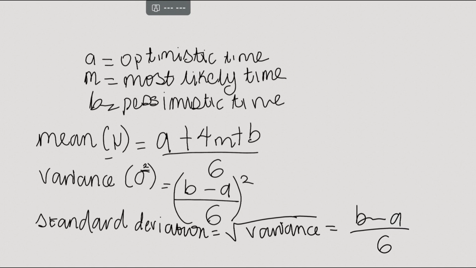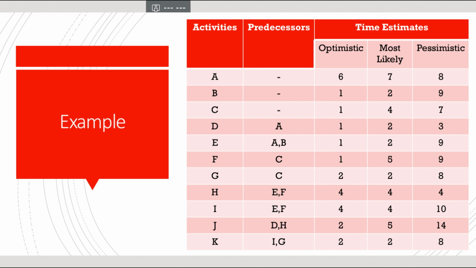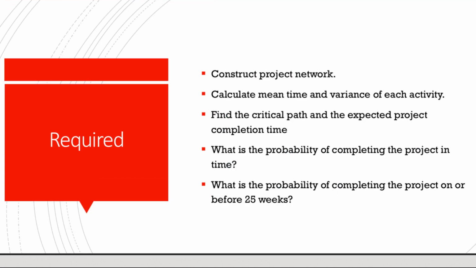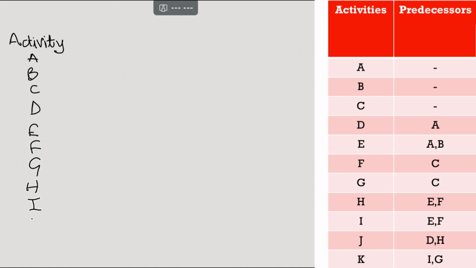So now I'm about to solve a question using this. From the table we're given, we have our activities A, B, C, D, E, and we are given the predecessors.